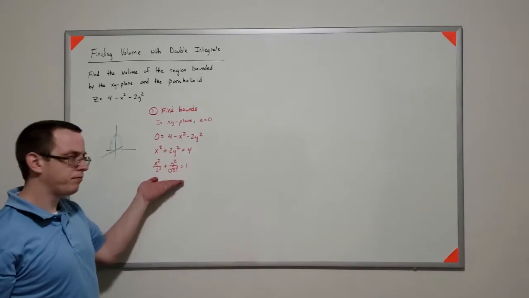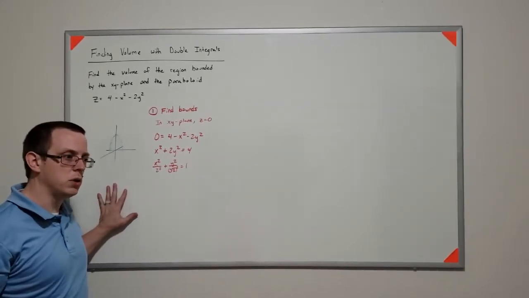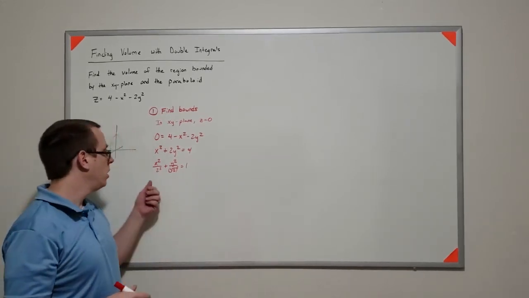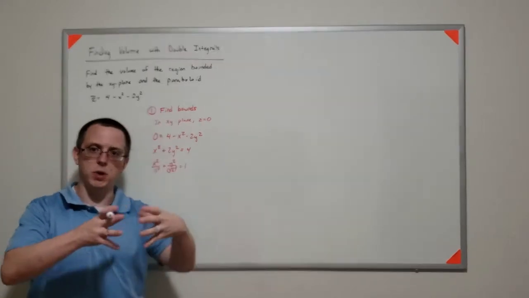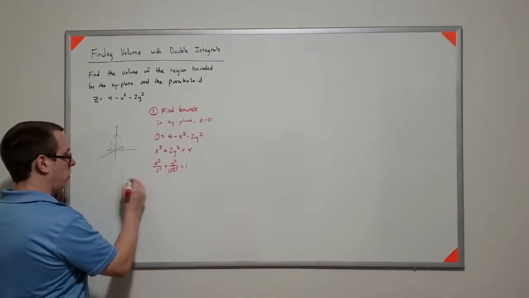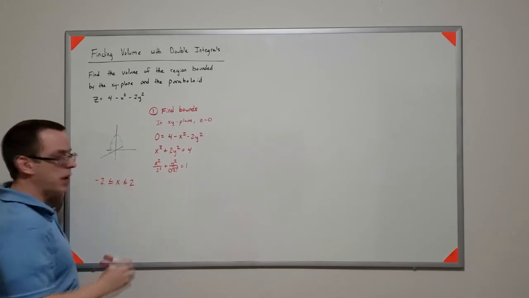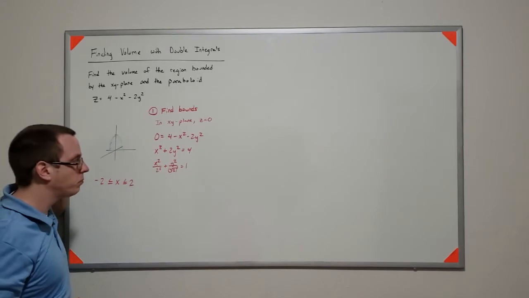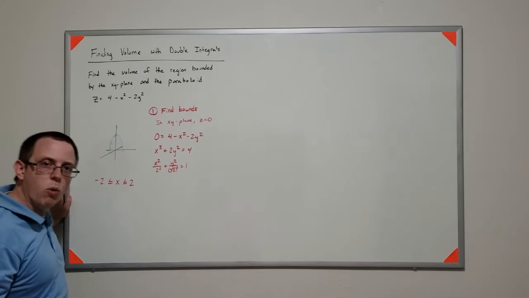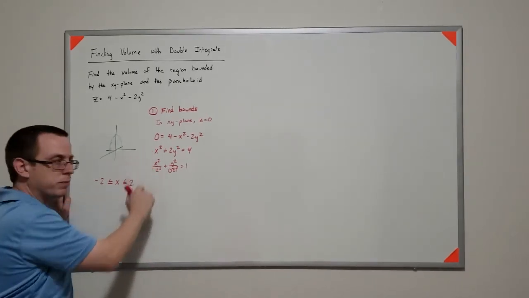That's an ellipse. And if you remember how ellipses work, you have your semi-major and your semi-minor axis. And this is going to be your semi-major axis because it's going to go out further. So x then will go from -2 to 2. But what will y go to? Well, the way you want to do that is you want to solve this equation.